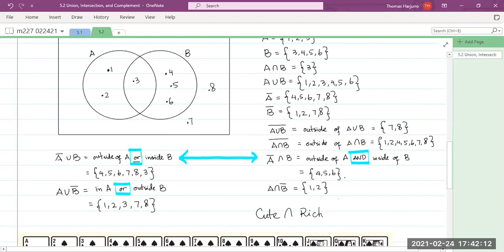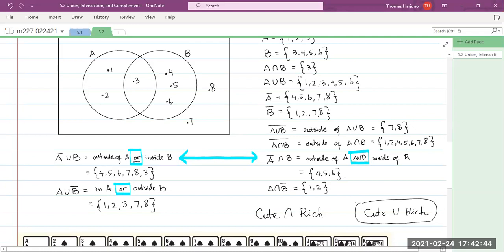Compare that if I said I will marry somebody if that person is cute or rich. Under which situation I will more likely get married? Cute or rich, because it's either or. The other one is all or none. That's right.